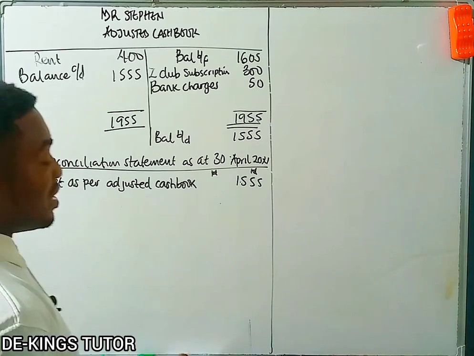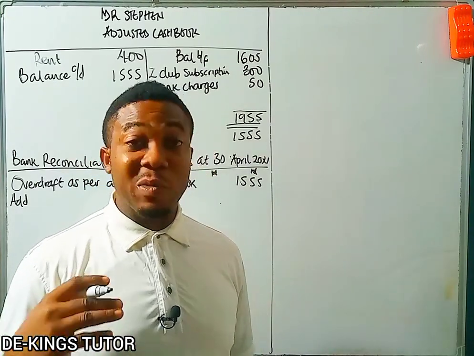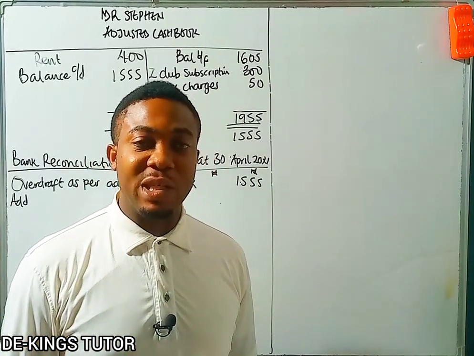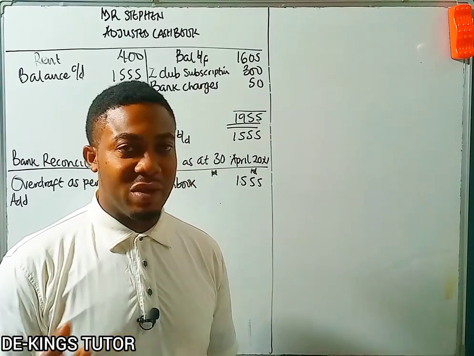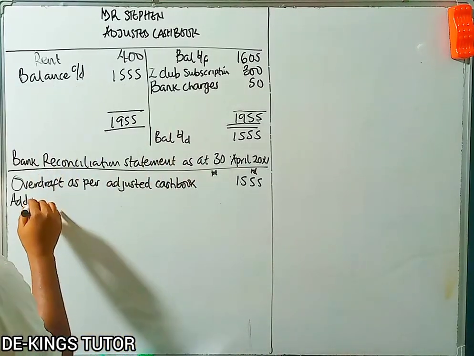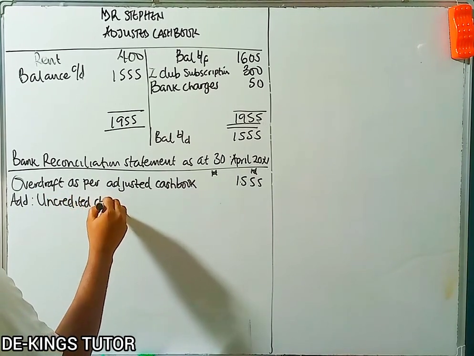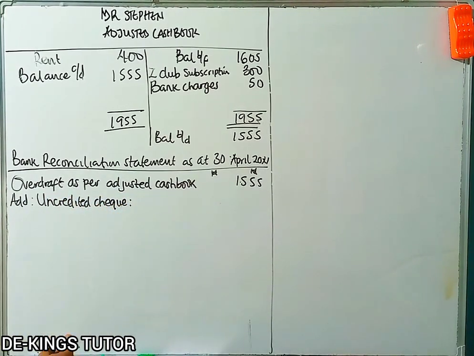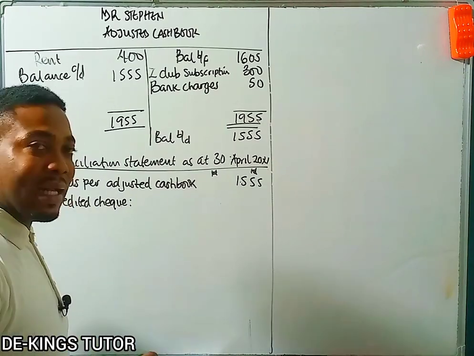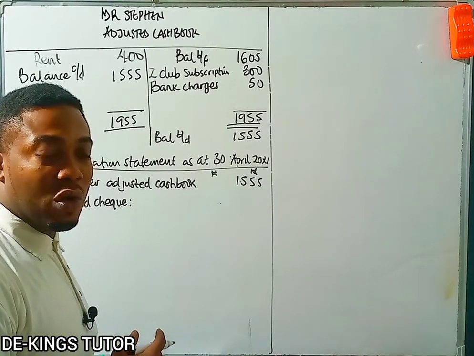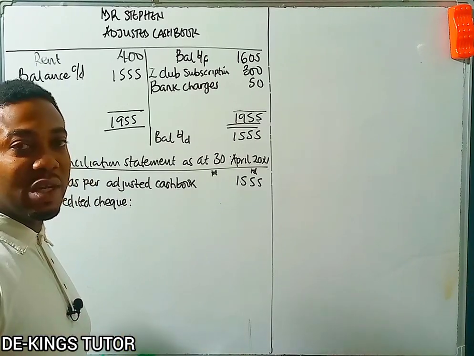Normally, if we're starting with the cash book, we're supposed to add unpresented checks. But when it is overdraft, the reverse becomes the case. I've done a video on that. So instead of adding unpresented checks, what we'll add here is uncredited checks. Uncredited checks are those checks at the debit side of the cash book but not on the credit side of the bank statement.